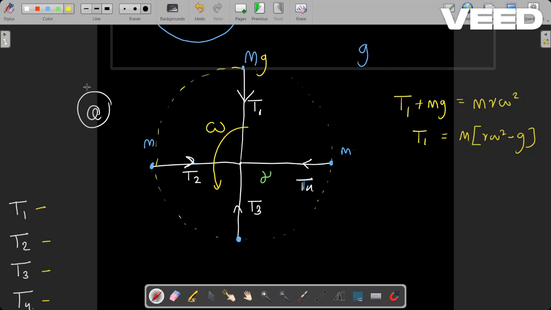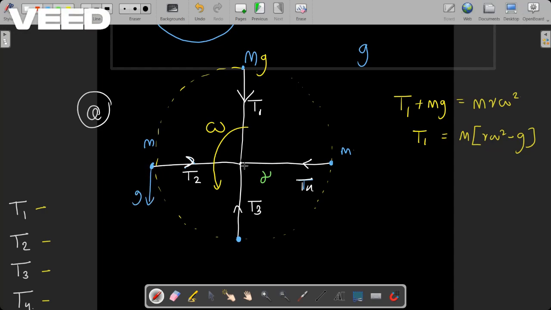Let's go with the sides. Now remember when you go to the side, the weight is towards this side, running parallel. So therefore, it is not directed towards the center, right? Because it is perpendicular to the centripetal force, we can neglect it. This is not affecting the centripetal force. So only the tension is acting on that.